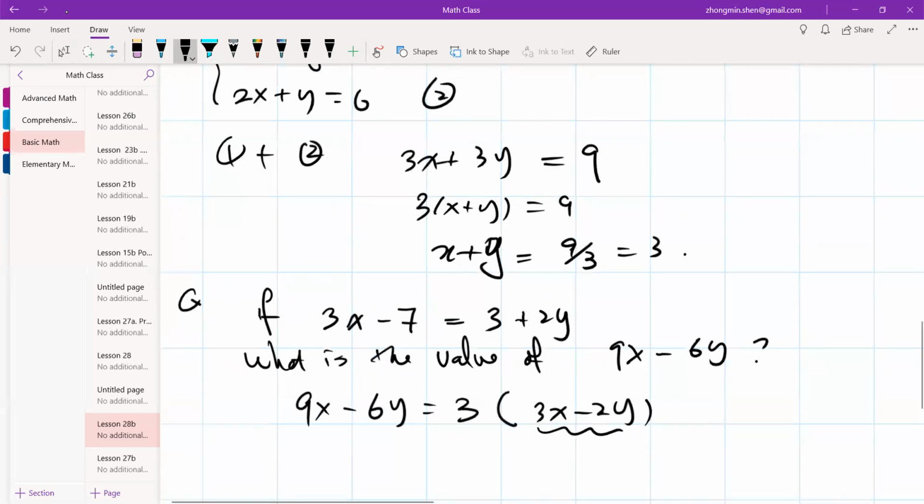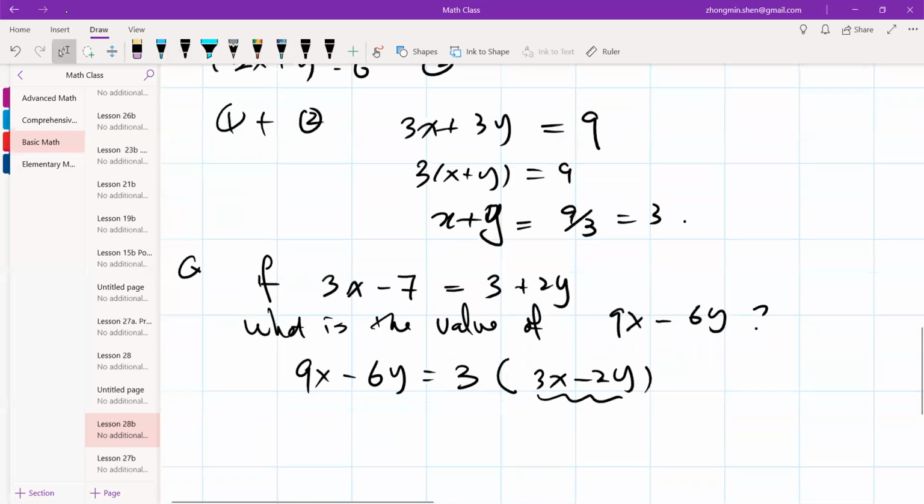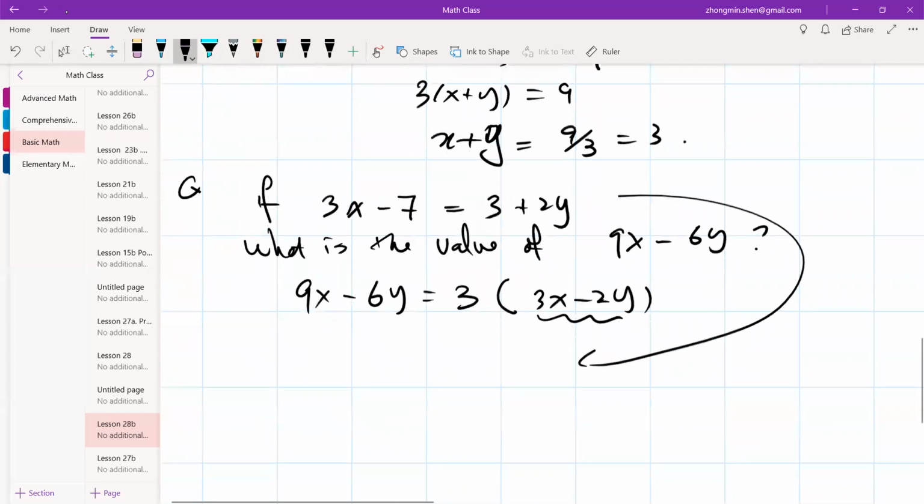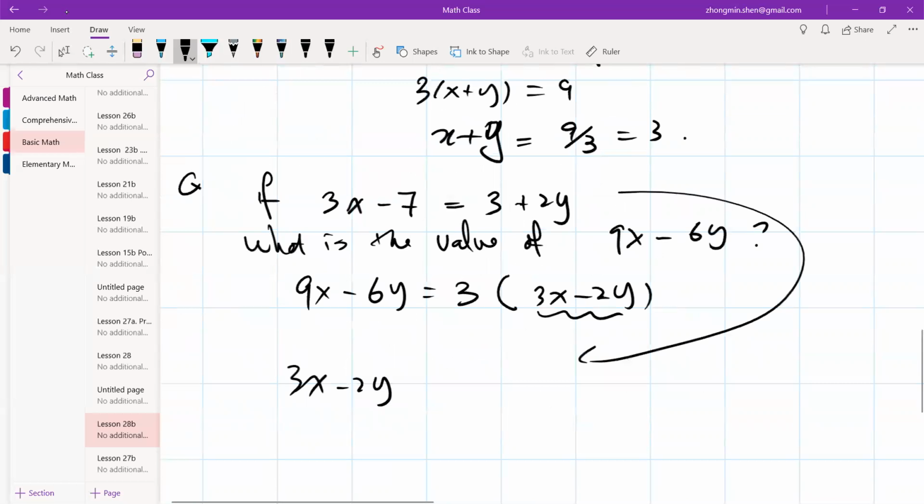All you need to know is what 3x minus 2y is. Looking at the above equation, 3x minus 2y equals 3 plus 7. Move 7 to the right-hand side, so you get 10. This implies 9x minus 6y equals 3 times 10, which is 30.